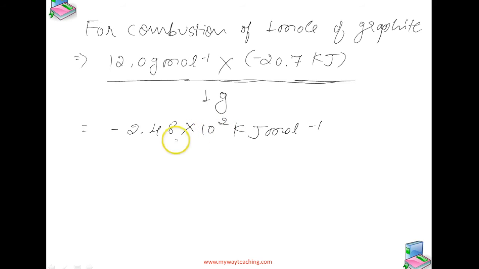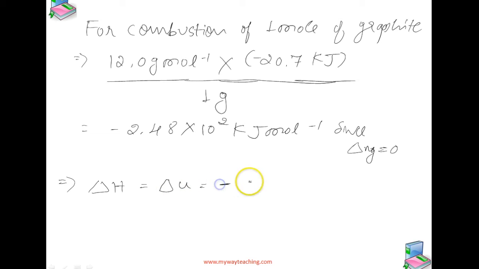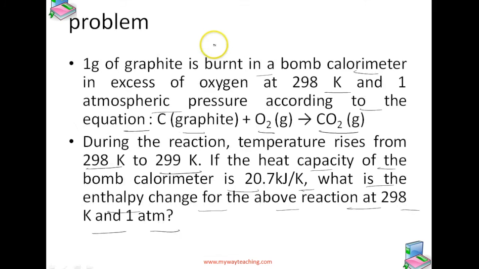Since delta Ng is equal to 0, delta H is equal to delta U, which is equal to minus 2.48 into 10 to the power 2 kilojoule per mole. Okay, so this is the problem.